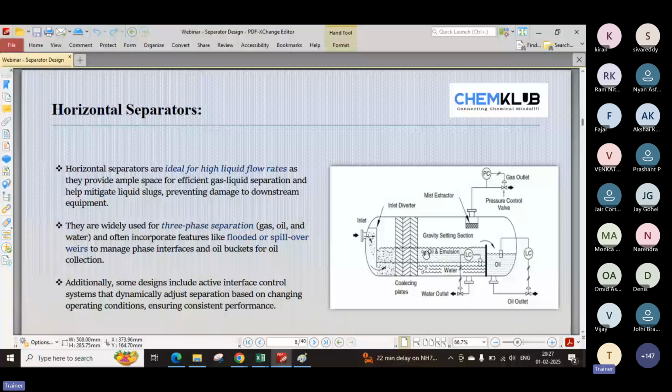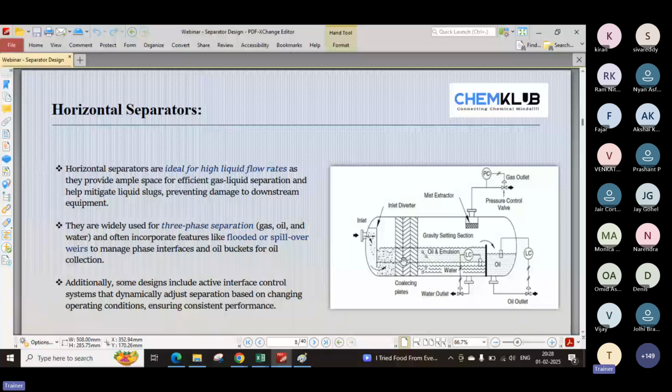But to estimate these dimensions, you have to follow different rules, codes, standards, or company guidelines. Or sometimes people do not give you any idea about this, so you have to use your own company standards or what has been given in the GPSA requirements. Any separator has an inlet device and some kind of separation media to enhance the separation.